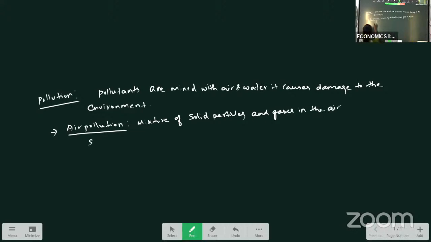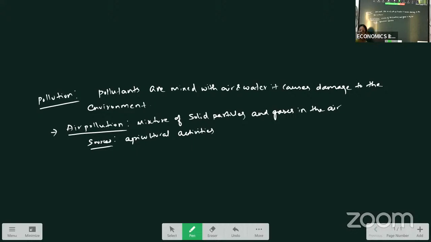So, what are the sources of air pollution? How is air pollution caused over here? Air pollution is caused by agricultural activities, because when we do agriculture, we use certain equipment, machines and all.